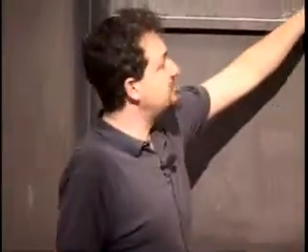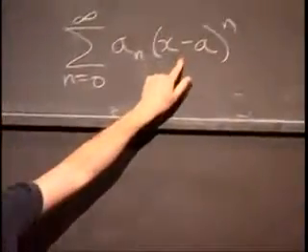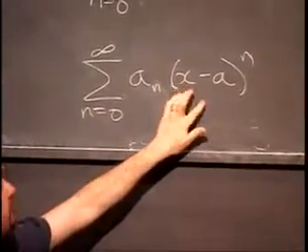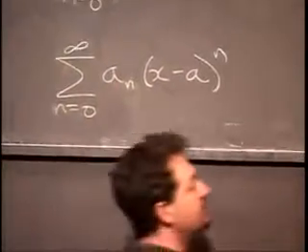Of course, I won't be able to fit all these crosses and checks in there, but I'll try to give an example of what's going on. One thing I can say for sure is that when I plug in a, the center of the power series, everything vanishes. Everything goes away except the first term, so it definitely converges at a.